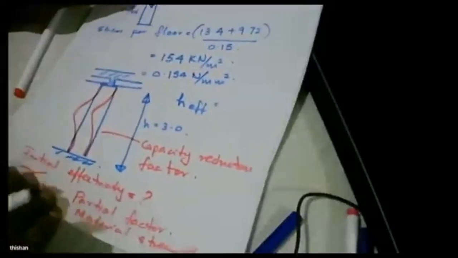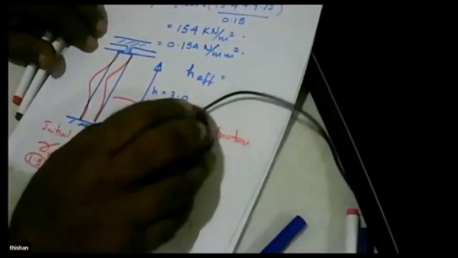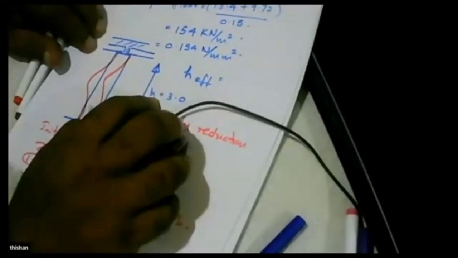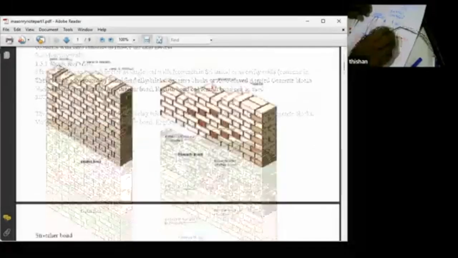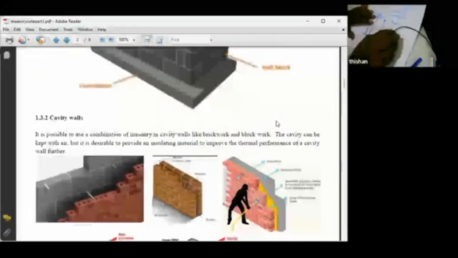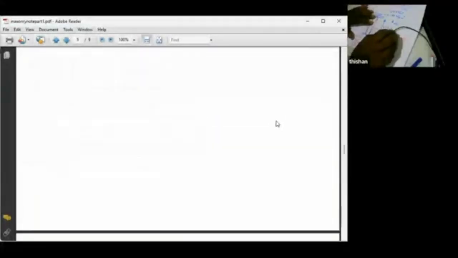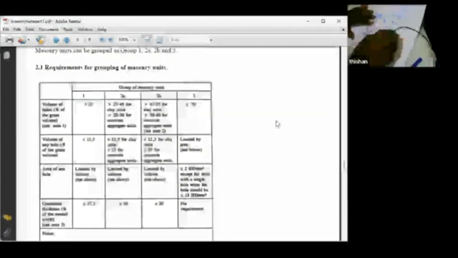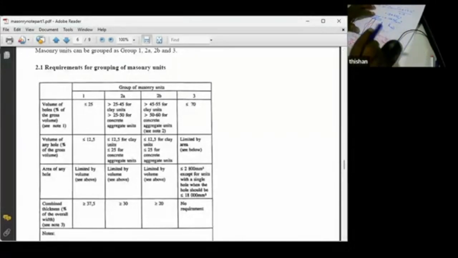So now let's see how to find these parameters for masonry design. So I'm going to share the screen now. This is the masonry note that I showed you last time. And when you consider the type of blocks, we are using hollow blocks.